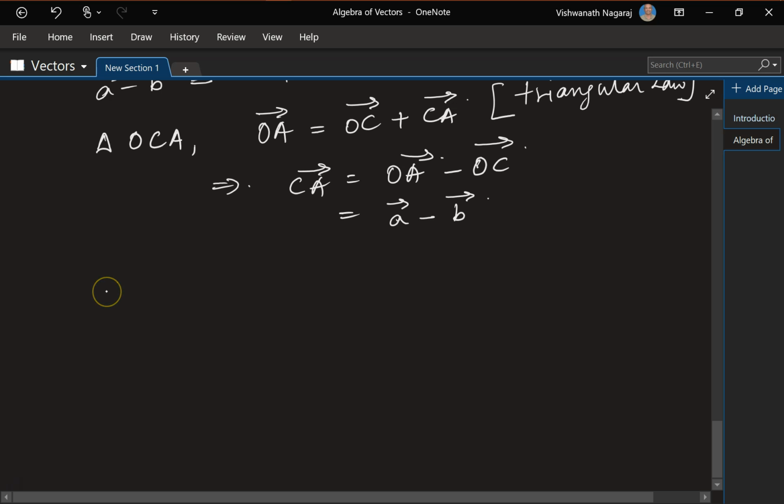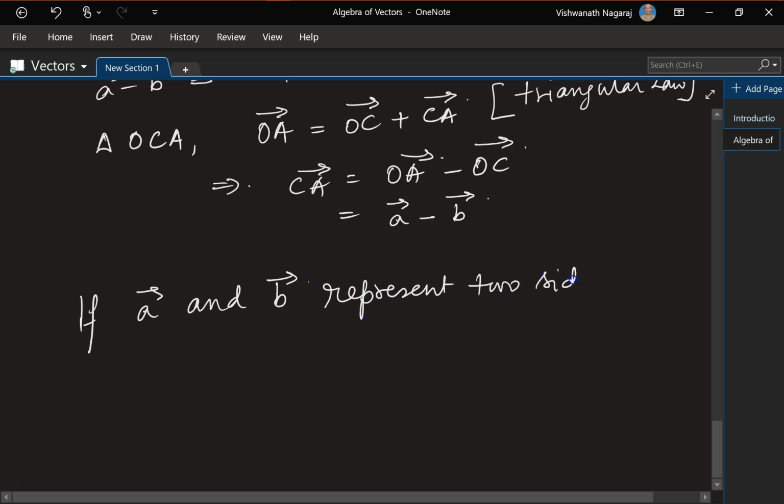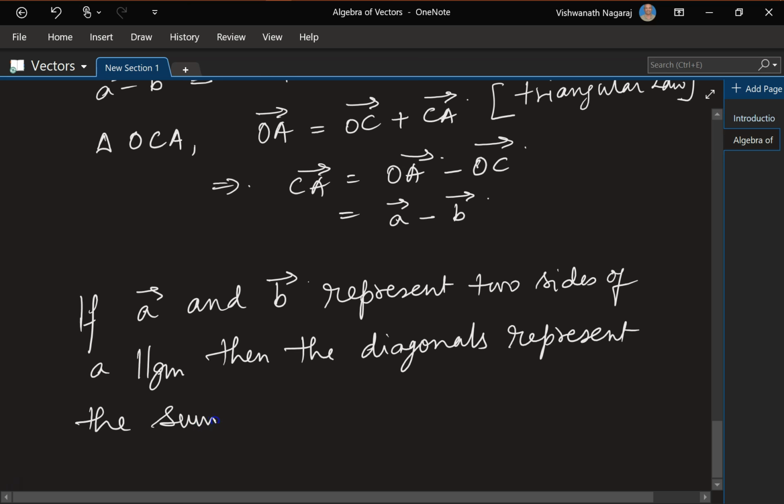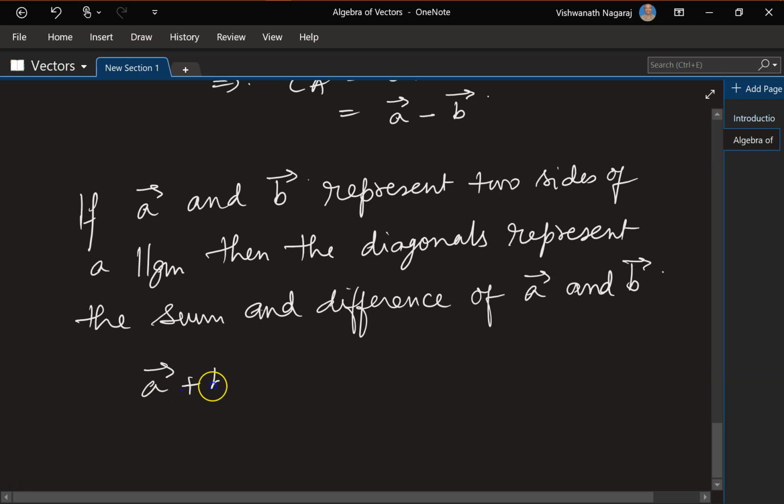Okay. If I have to sum it up, if A and B vectors represent two sides of a parallelogram, then the diagonals represent the sum and difference of A and B. So sum would be equal to the co-initial diagonal.